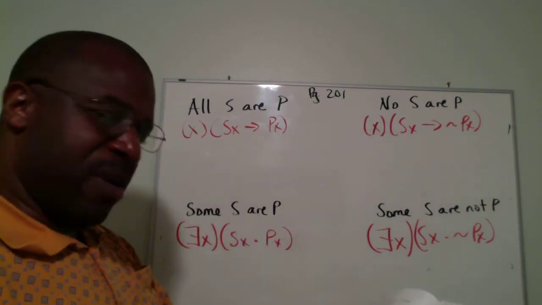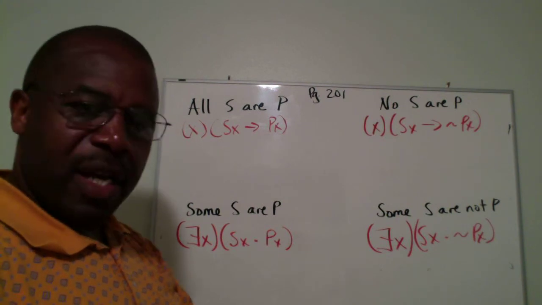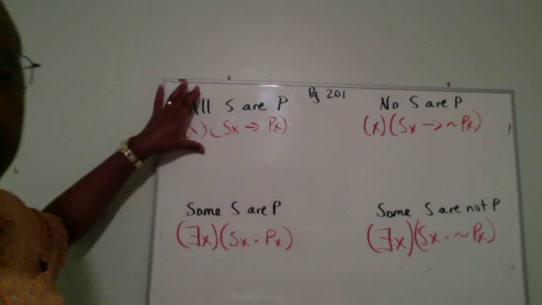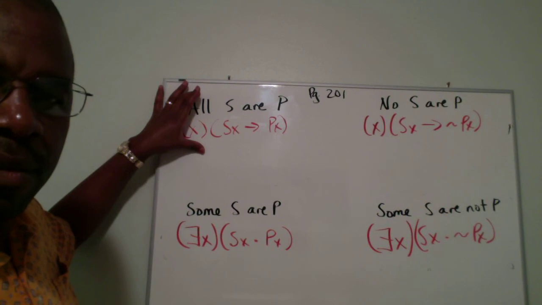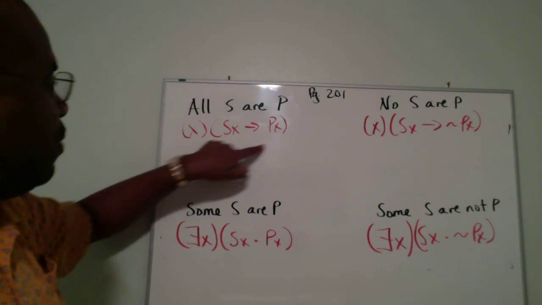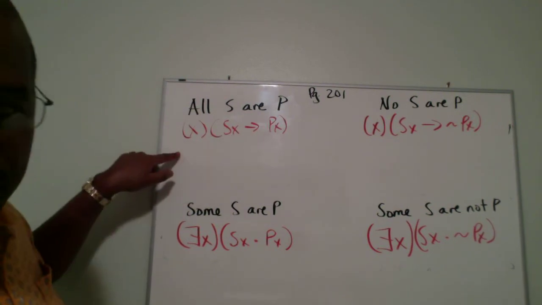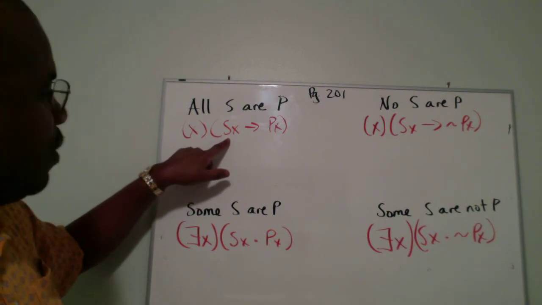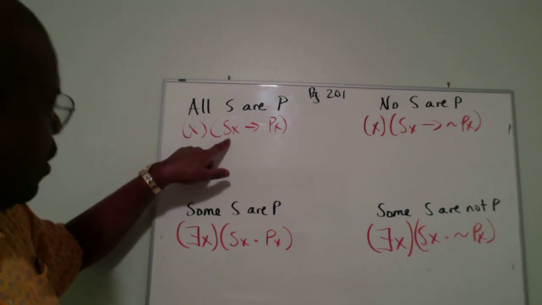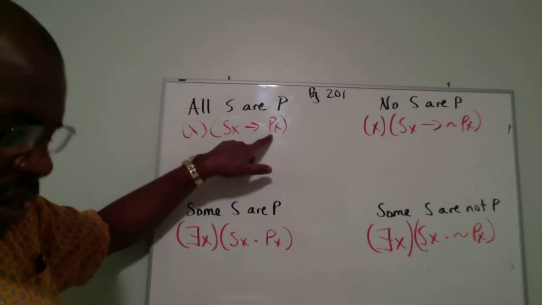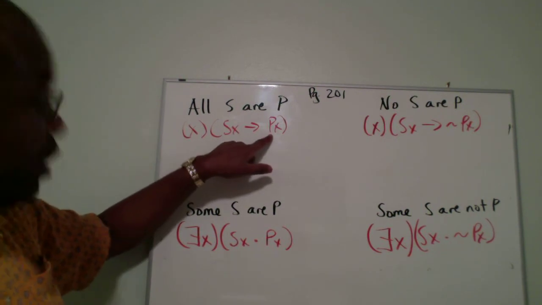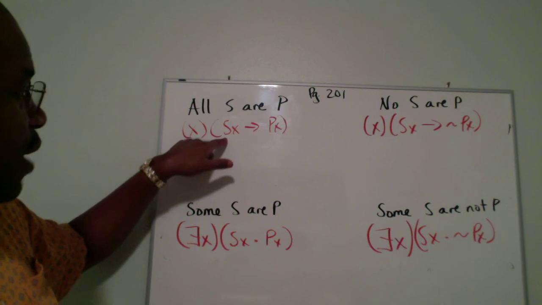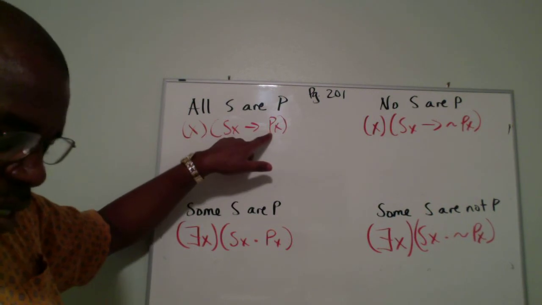All kangaroos are marsupials. That is an A statement, so it falls here. If it falls here, then this is how you will symbolize it. Of course, you'll use different predicate letters. So for example, instead of S, you'll use a K, and then here you'll use an M.